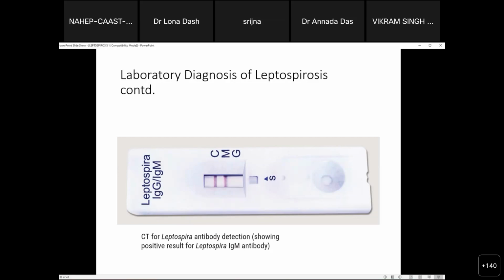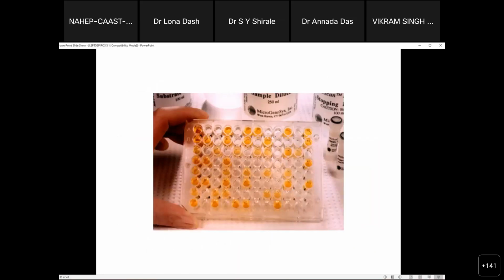However, immunoglobulin G, as you all probably know, rises a little later than immunoglobulin M and stays longer. Hence, the presence of IgG will not indicate whether it is a recent infection or not. The presence of IgM will.